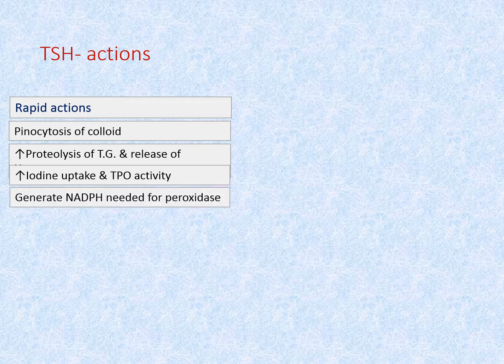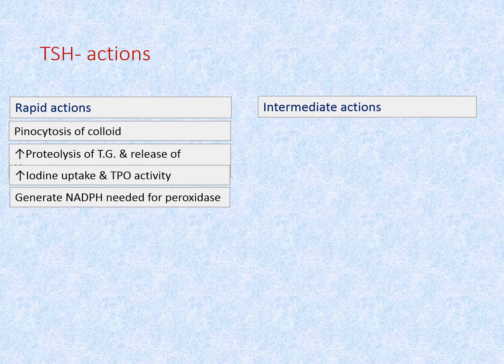It also increases the entry of blood glucose into the HMP shunt pathway, which generates reduced nicotinamide adenine dinucleotide phosphate, that is NADPH, which is needed for the peroxidase reaction. So these are the rapid actions.